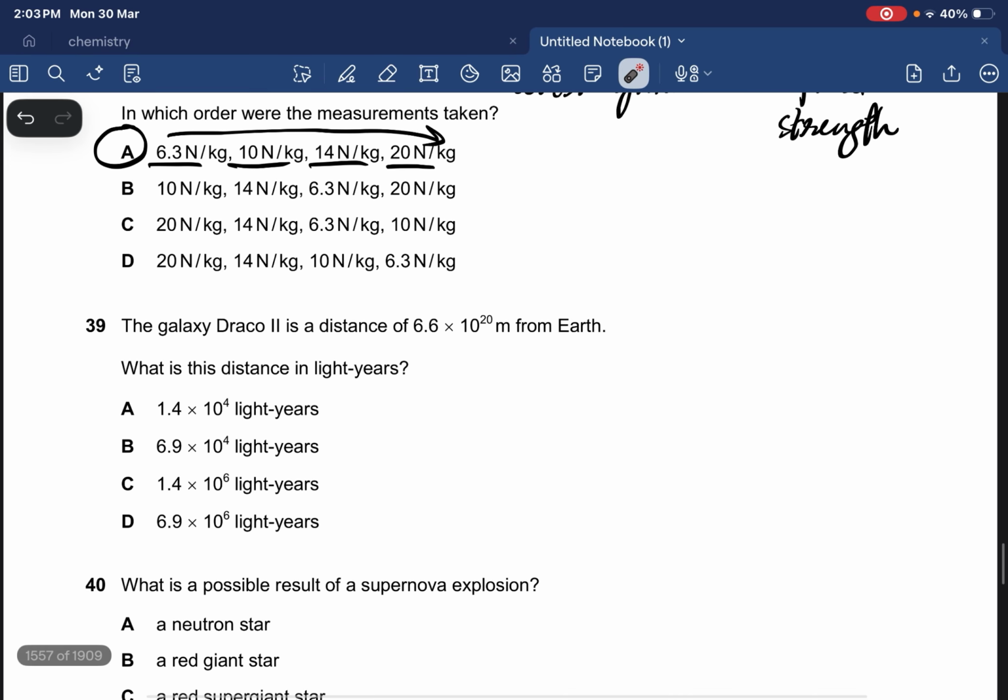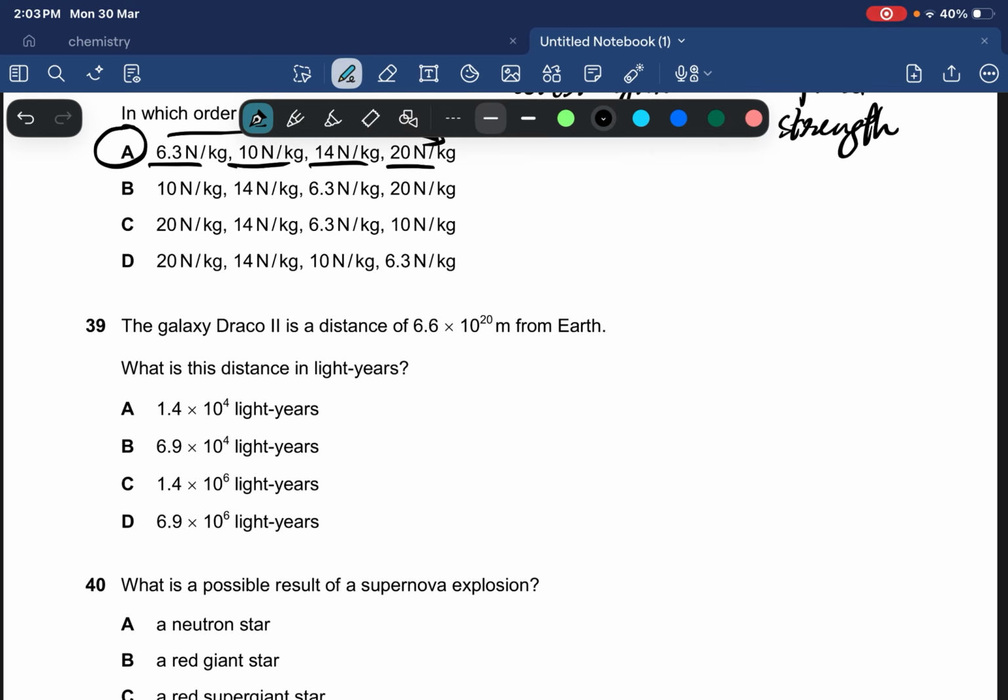Okay, the galaxy Draco 2 is at a distance of this many meters from the Earth. What is the distance in light years? So first you have to find the distance of 1 light year. 1 light year means that distance equals speed times time.